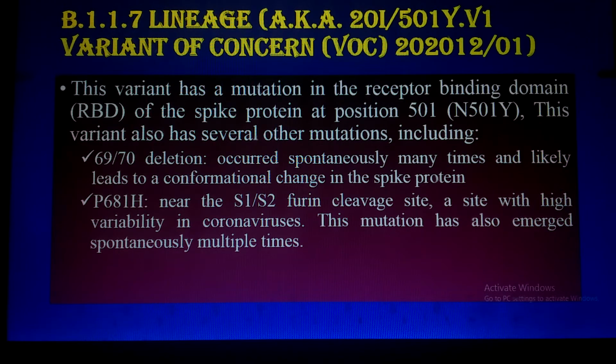Now, what is the furin cleavage site? I will discuss later on. Furin is an enzyme which is responsible for the cleavage of the spike protein, a site with high variability in coronavirus. Is it clear? This mutation has also emerged spontaneously multiple times.